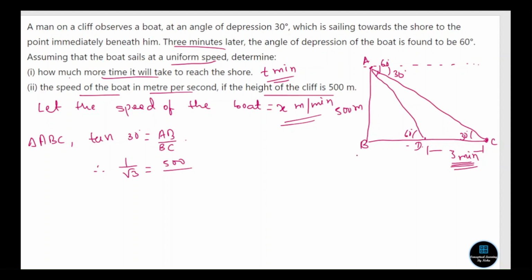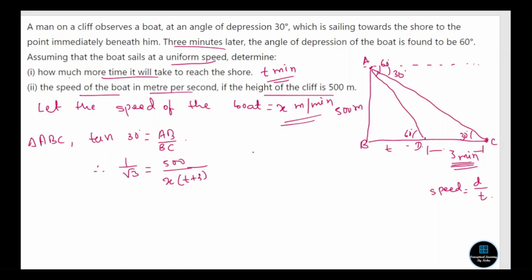BC is speed into total time. We know that speed is equal to distance upon time, so the total distance is speed into time. Speed we have taken as x, and the time is 3 minutes here and t minutes more here. So how much is it? Yes, it is t plus 3.